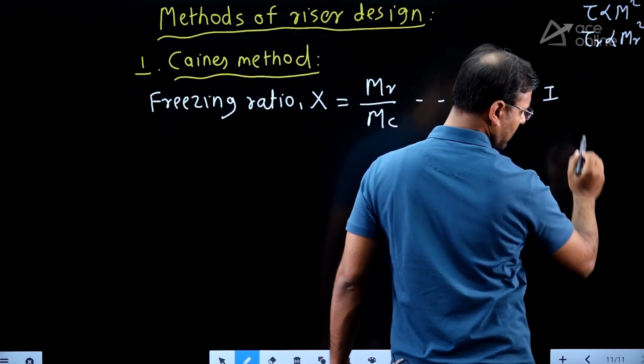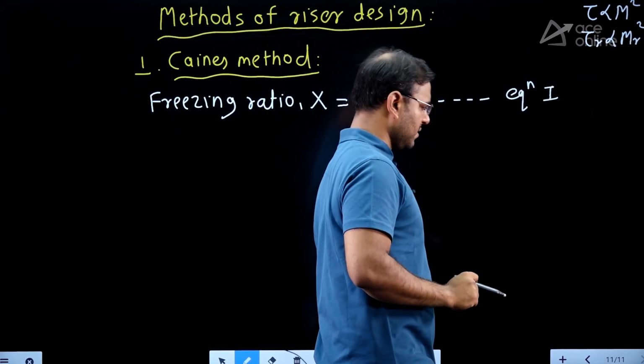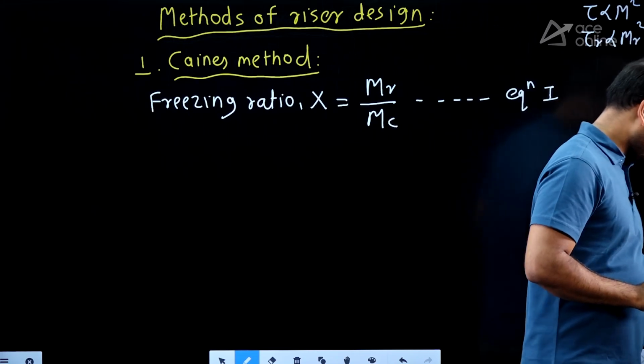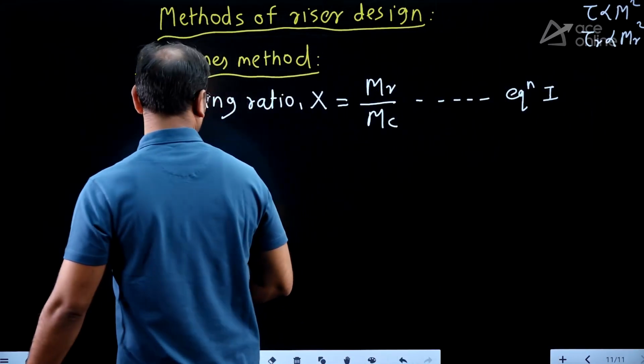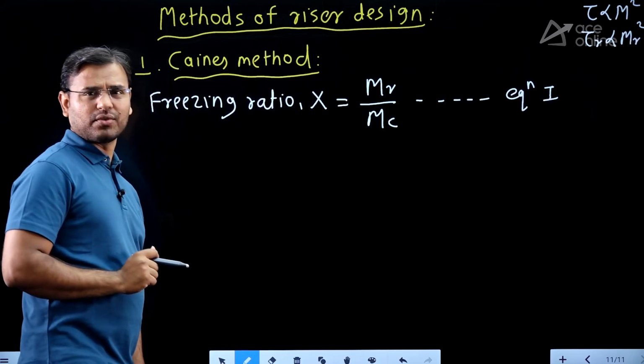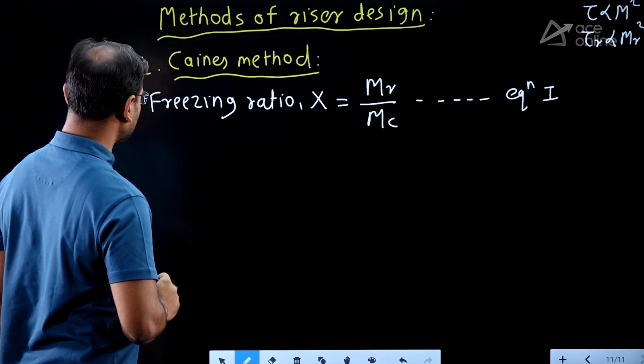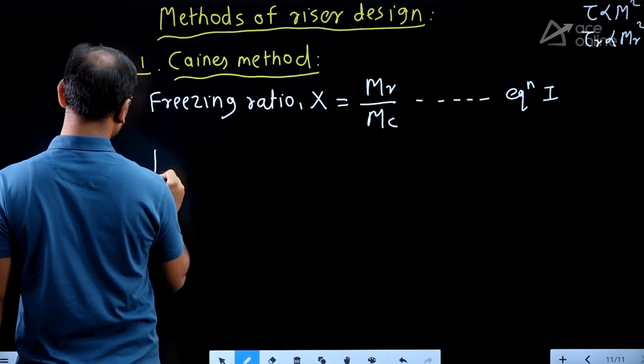I am writing this as equation 1. Then this is the freezing ratio, one formula, that is the ratio of modulus of riser divided by modulus of casting cavity.